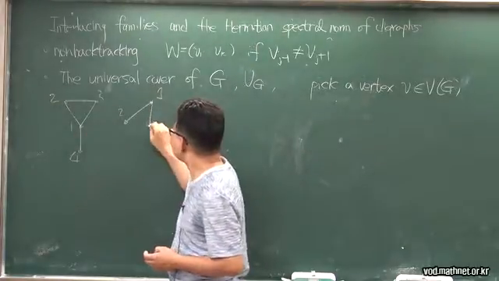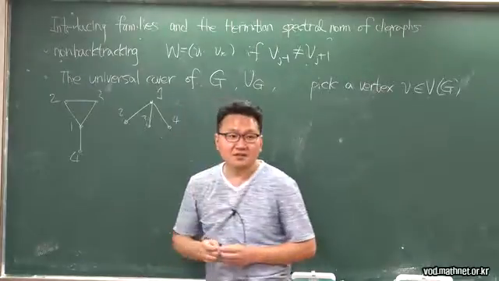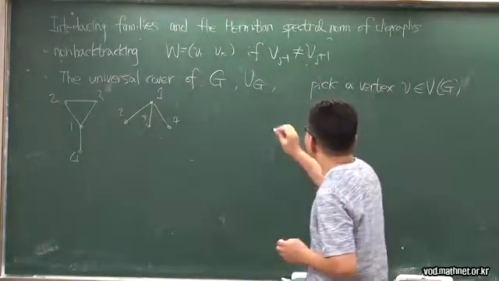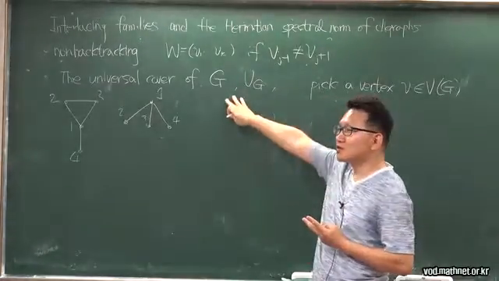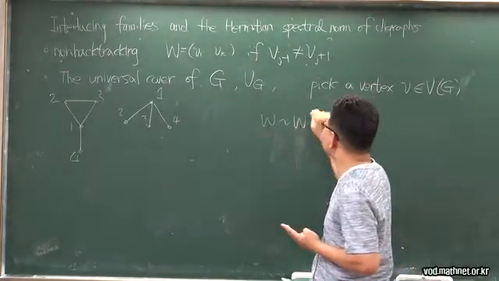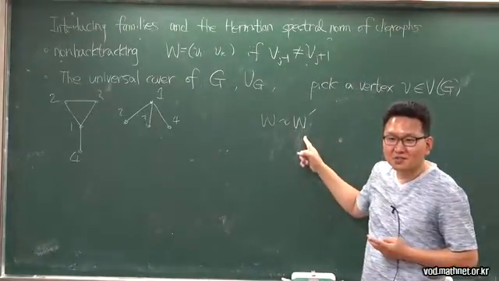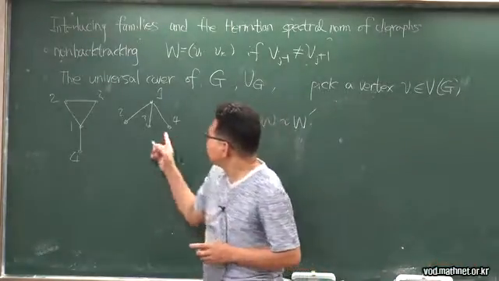And 3 here, and you can go 4 here. So the vertices in the universal cover are adjacent if one is a continuation of the other, and vice versa.